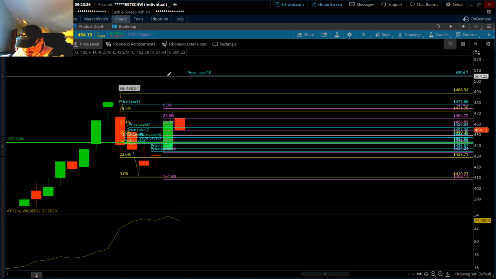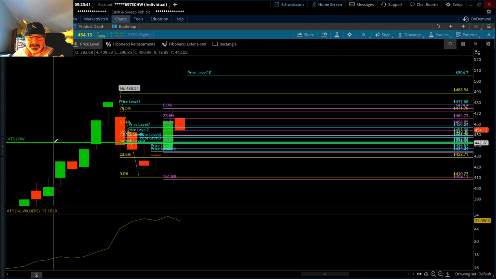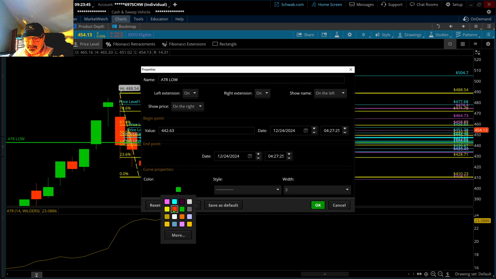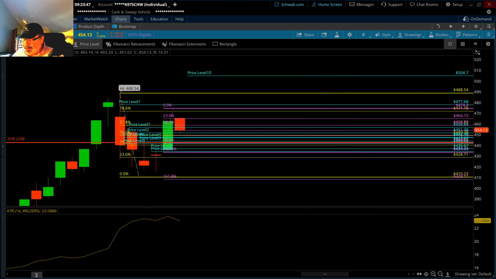Now we want to add... Oh, I made that the high. Oops. Sorry, I made that green. That's red. Some of you are screaming already. Okay. And now we're going to add the entire ATR amount onto that low, and we know that's the high, so $23. So 442.63 plus $23.